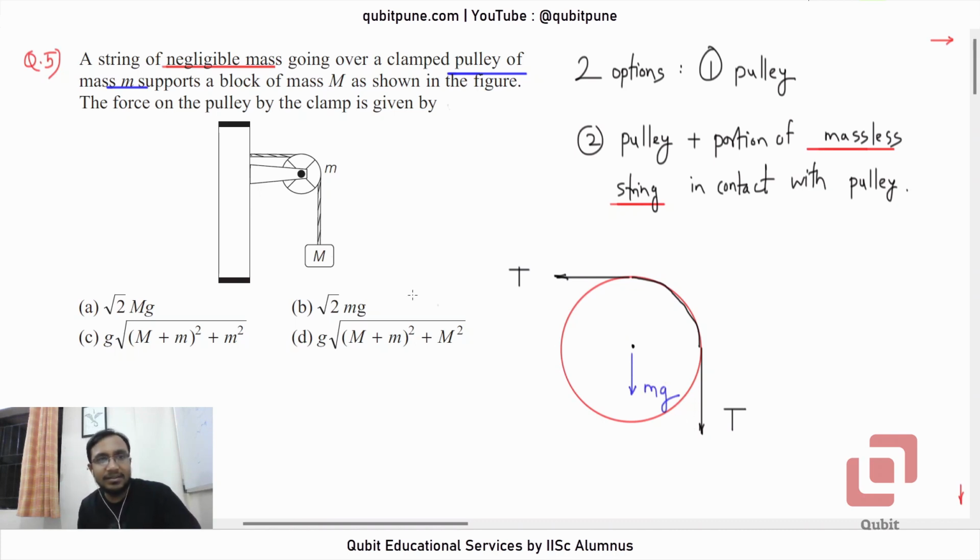And then see, they want us to find the magnitude, so we can consider them as the reactions here. Let's call this Rx and this Ry.